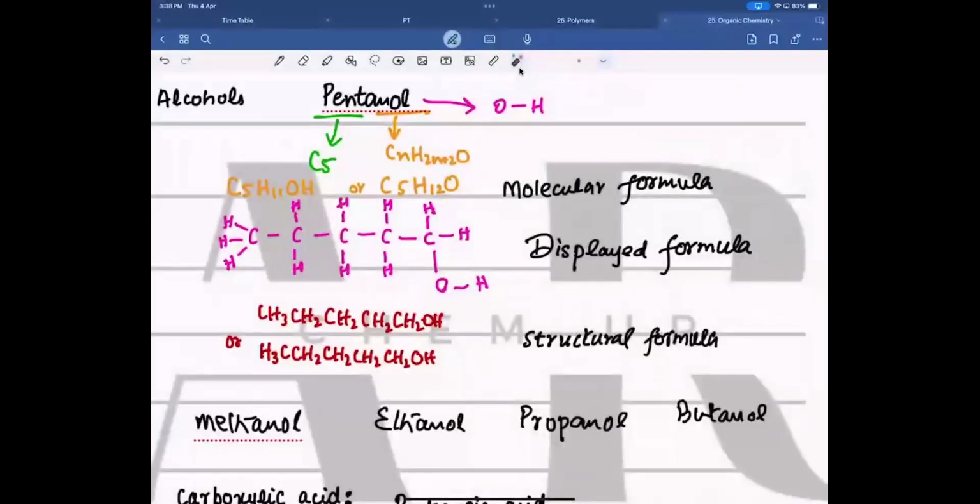So this would be CH3OH. So butanol, propanol, ethanol, methanol, they are the structural formulas.